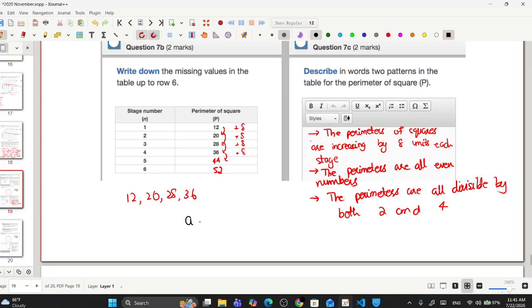So we have the formula A plus N minus 1 multiplied by D, which is the common difference. The value of A is the first term, which is 12. The value of N remains as it is and the difference is 8. This becomes 12 plus 8N minus 8.